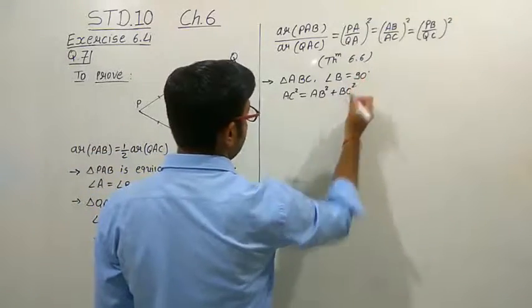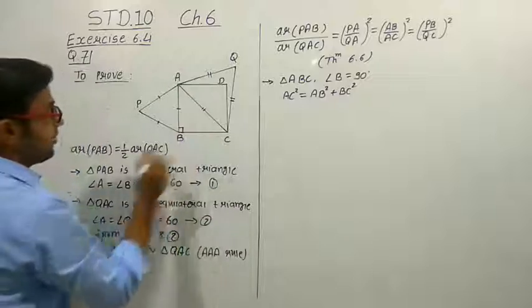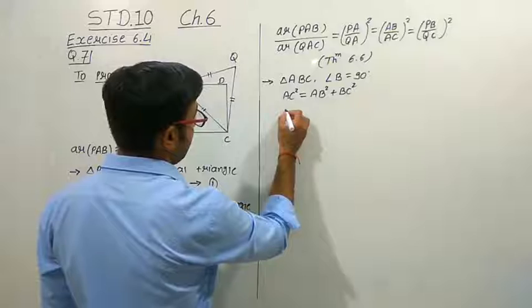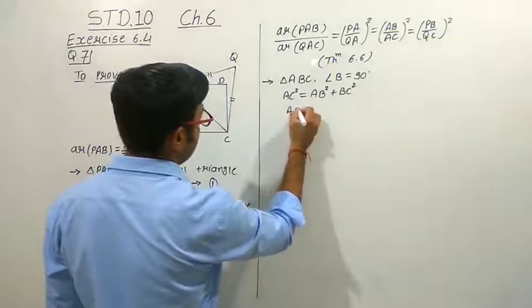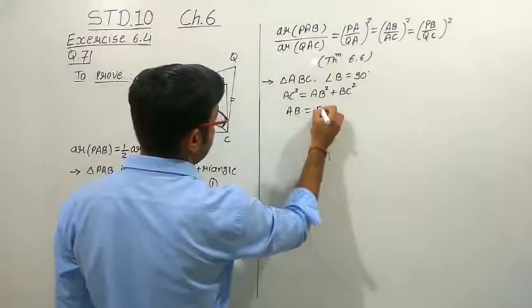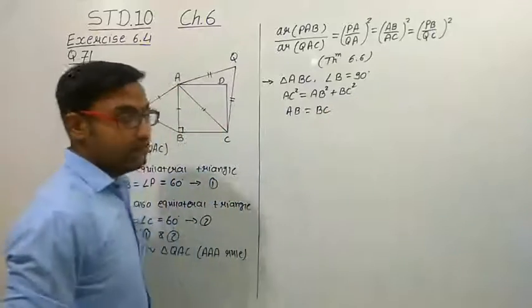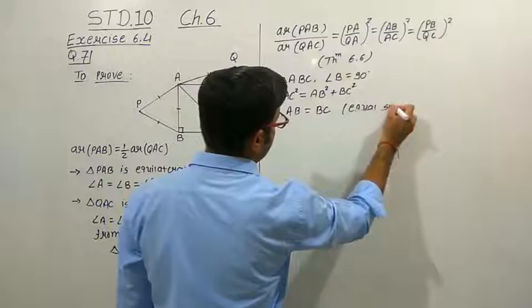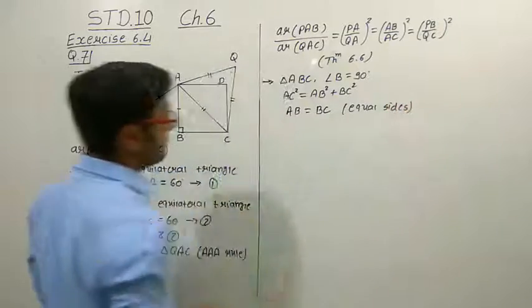Now what about AB and BC? We know that ABCD is a square, so we can write that side AB is equal to side BC, right? Equal sides, because ABCD is a square.